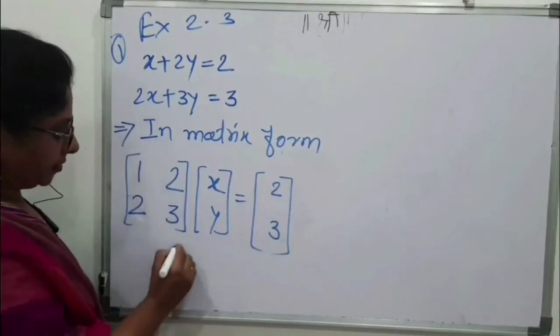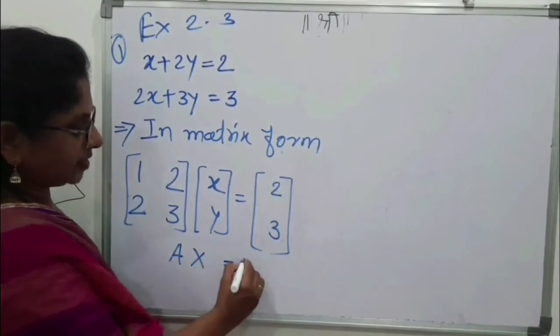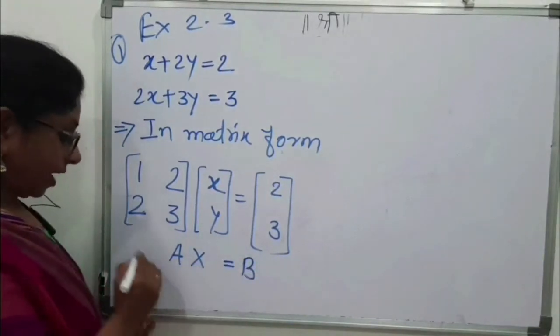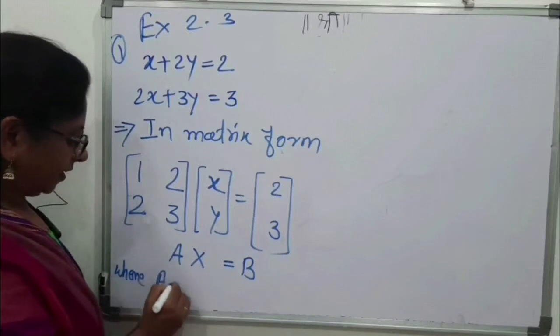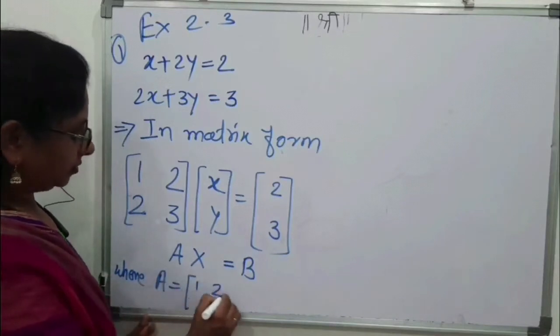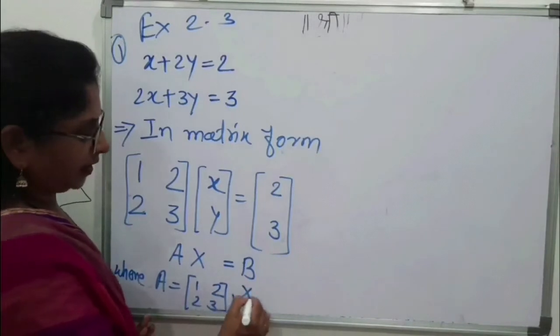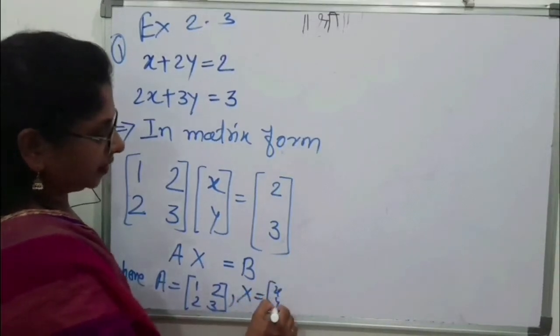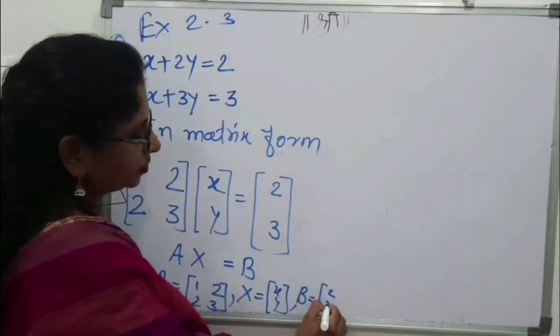This we will denote as A, this is X, and this is B. You have to mention that also, where A is 1, 2, 2, 3, X is x, y, and B is 2, 3.